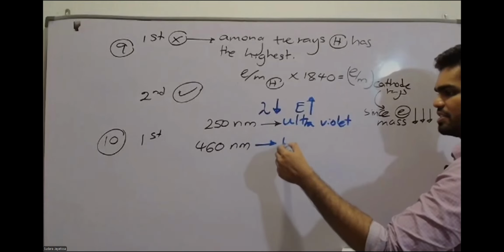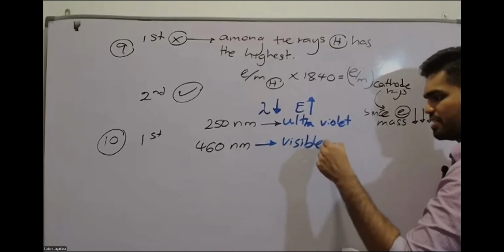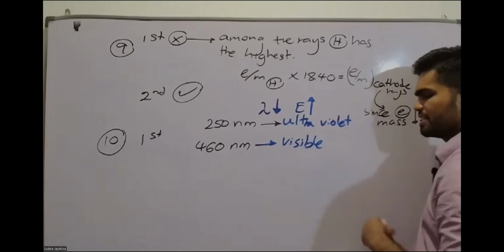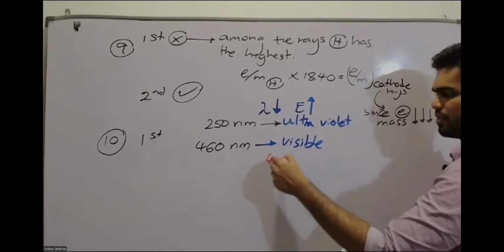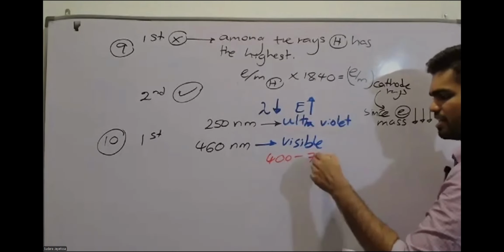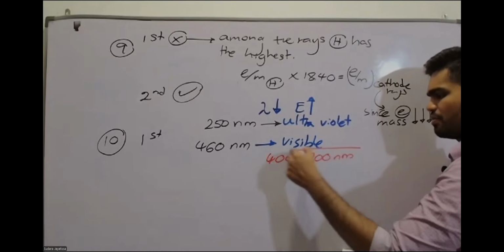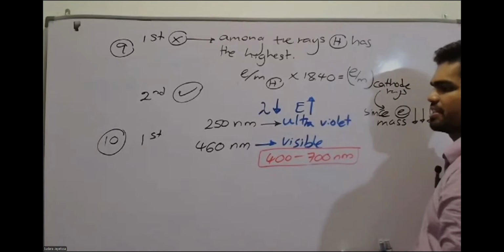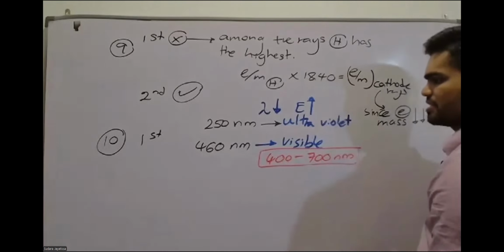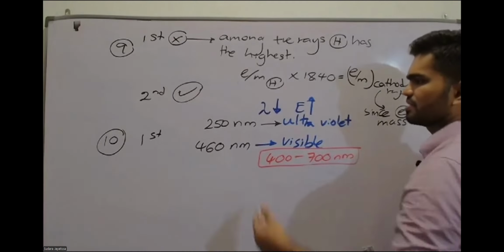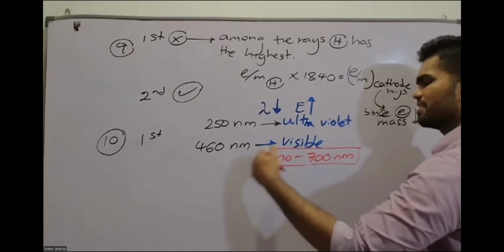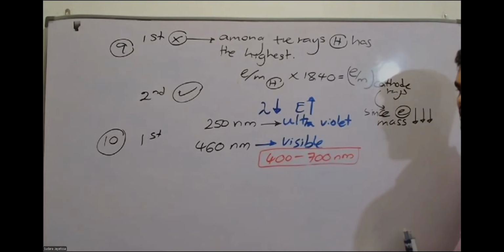This one is in the visible region. The visible region range, we discussed last week, is 400 to 700 nanometers. So remember that one. This 460 is in the visible range. I don't remember the actual color, but however it is in the visible range. That's what we need now.